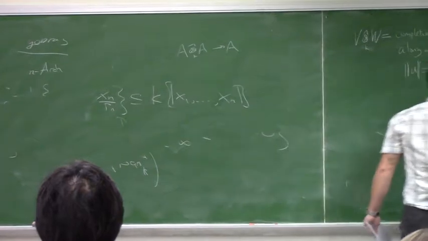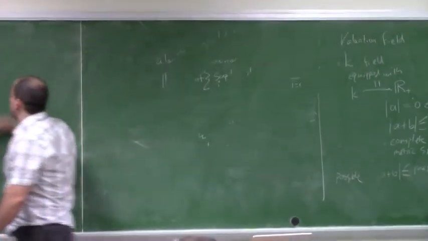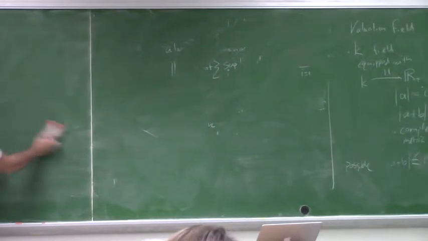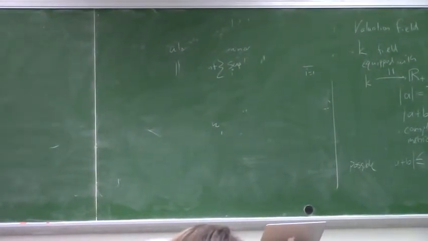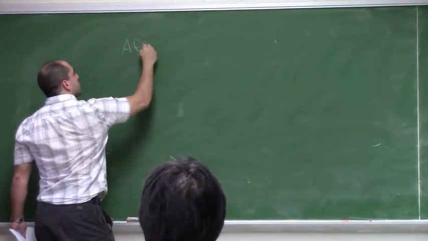Okay, so the basic affinoid algebra is a quotient of that Tate algebra by an ideal. So we have the category of affinoid algebras.